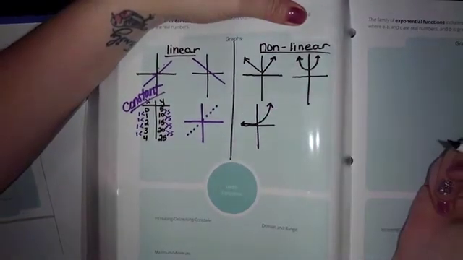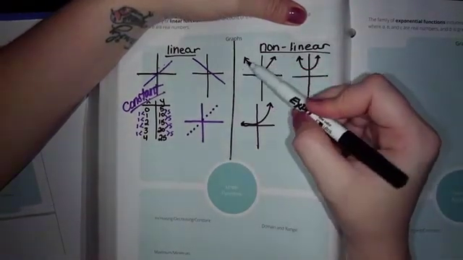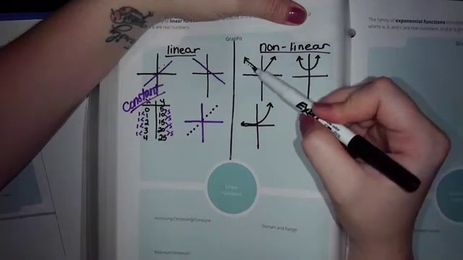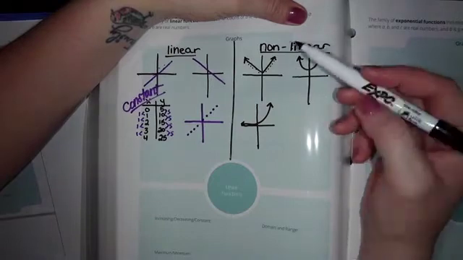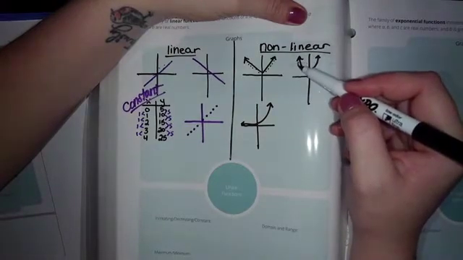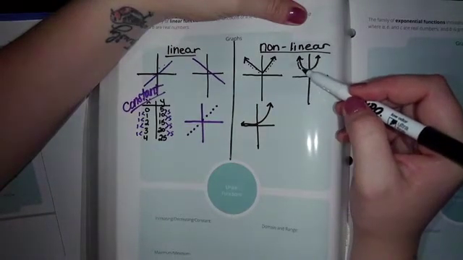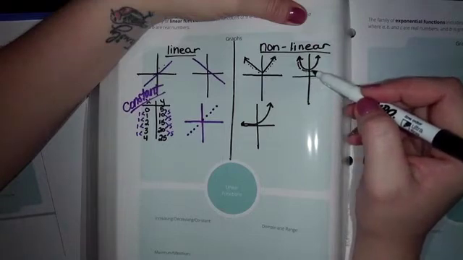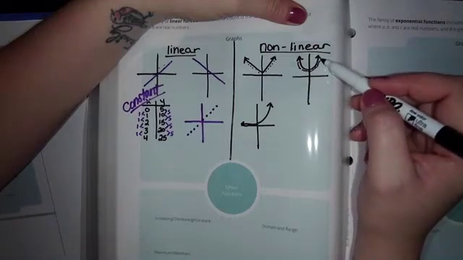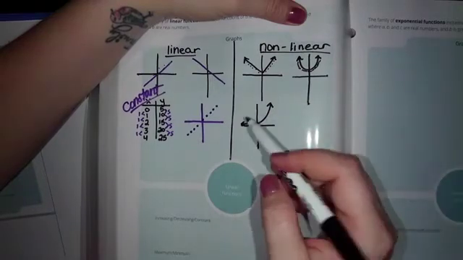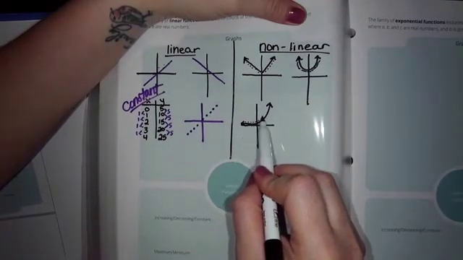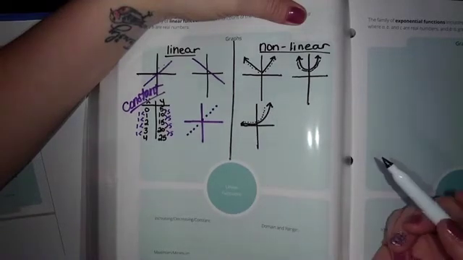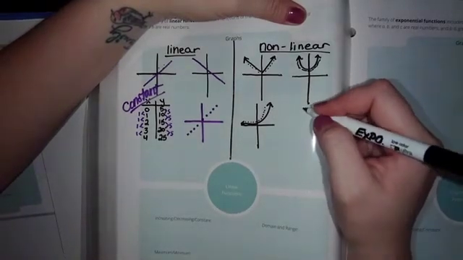Notice those are not linear. It's not a constant rate. This one is going down, down, down, and then all of a sudden it starts going back up. So it's not constant. This one, same thing. It's kind of going down quickly, and then it starts going down a little bit slower, and then it starts picking up and going up the other direction. This one is really slow, and then it starts going really fast. So those are not constant.